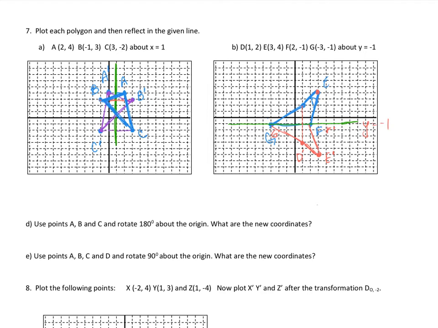So for part D, it says use points A, B, and C to rotate 180 degrees. So when we said 180 degrees about the origin, if we had a point x, y, that ends up being negative x, negative y. Okay, so A, B, and C. So A prime, negative x, negative y, becomes negative 2, negative 4.